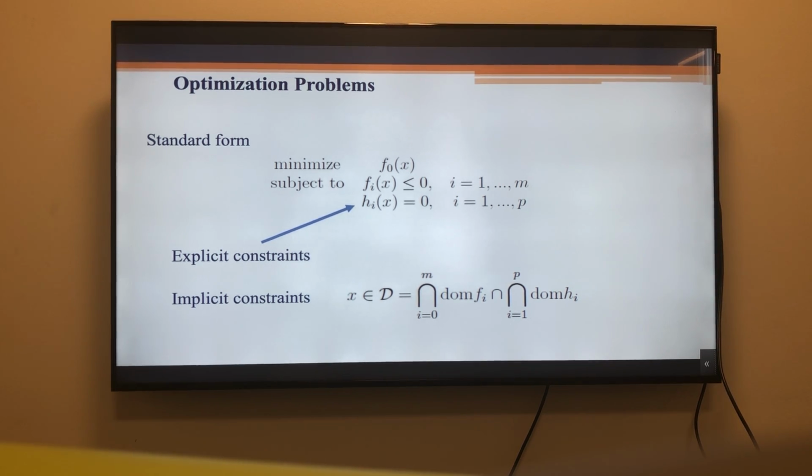In addition, there are some implicit constraints, such as that x should lie in the domain of f_i and h_i.